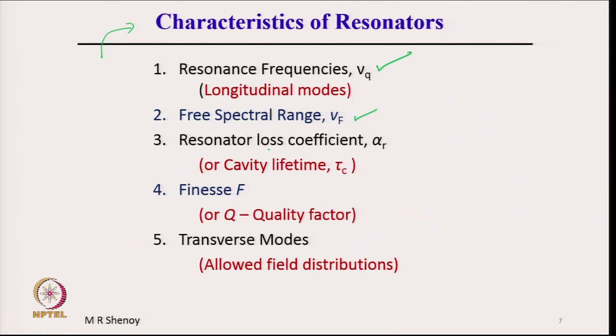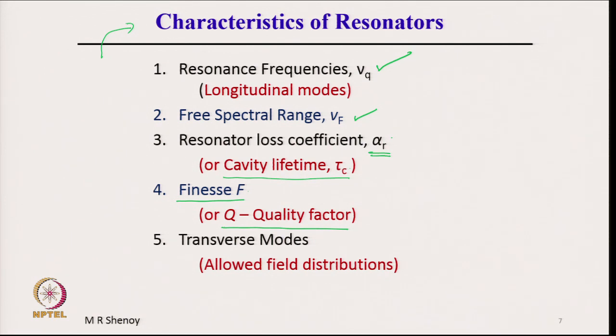Resonators are also characterized by the resonator loss coefficient alpha r, or equivalently the cavity lifetime tau c, or equivalently the finesse F, or equivalently the quality factor Q. The parameters alpha r, tau c, F and Q are all equivalent.